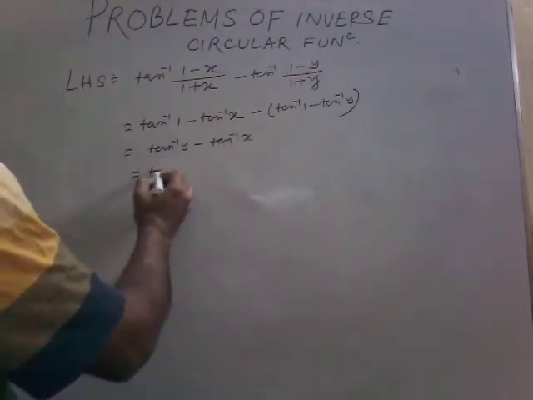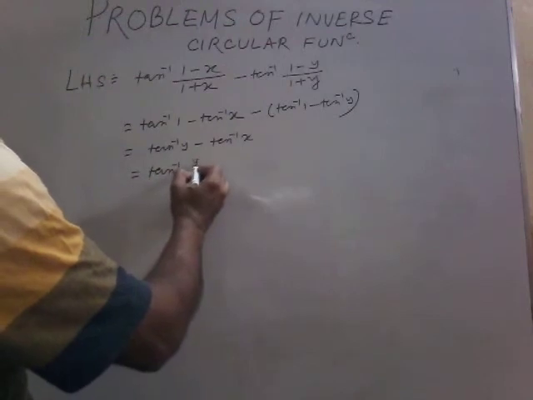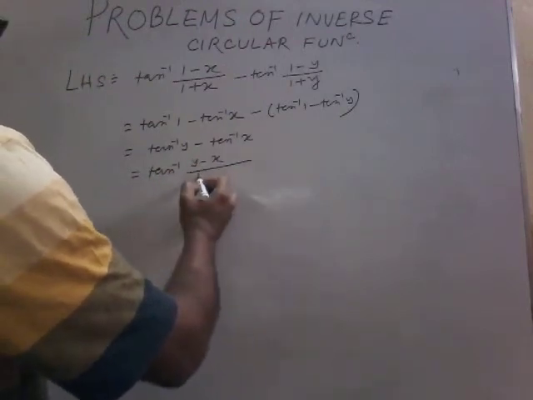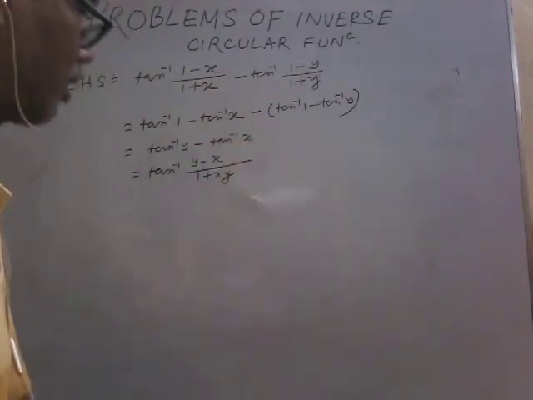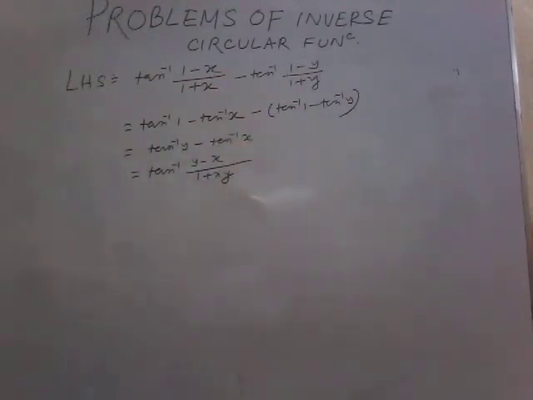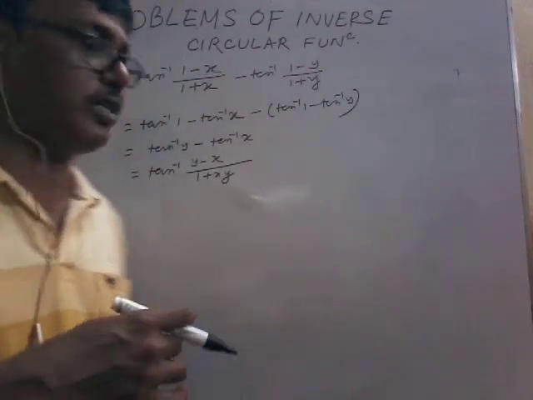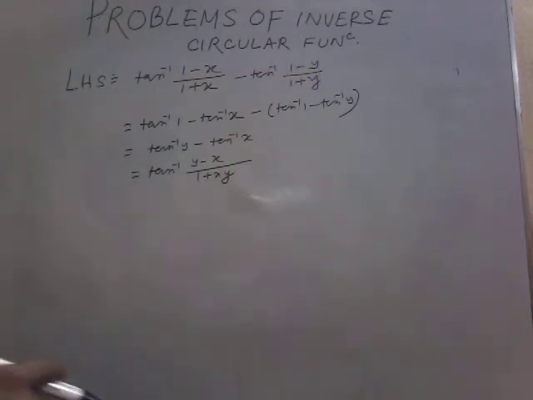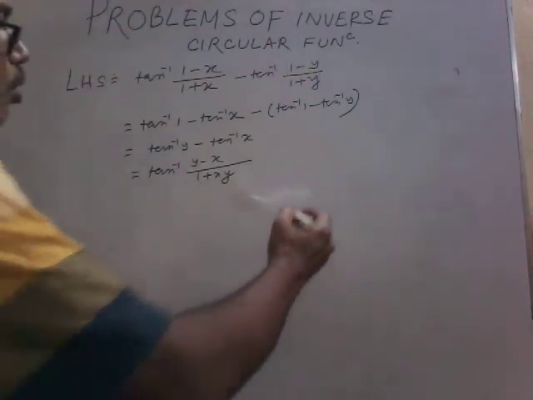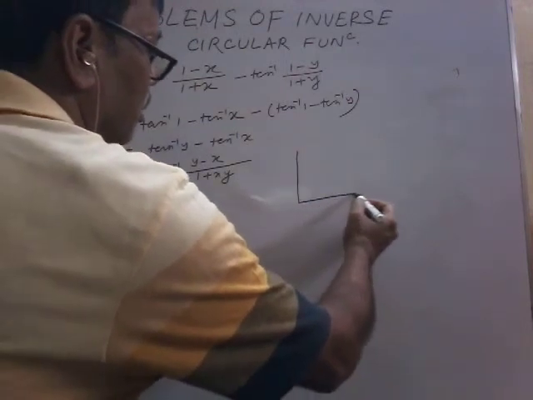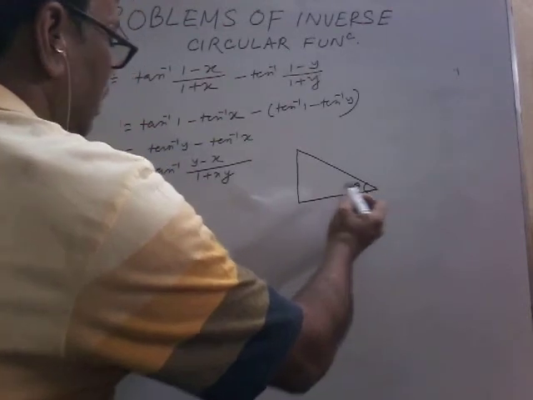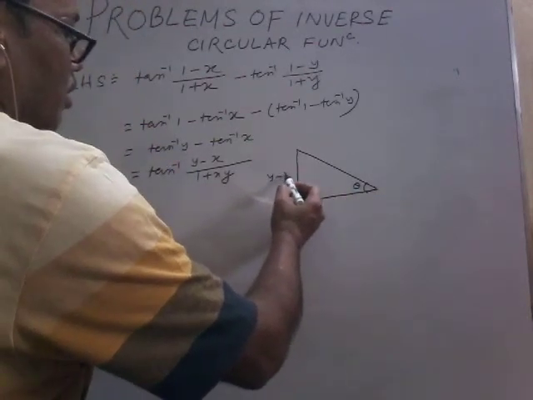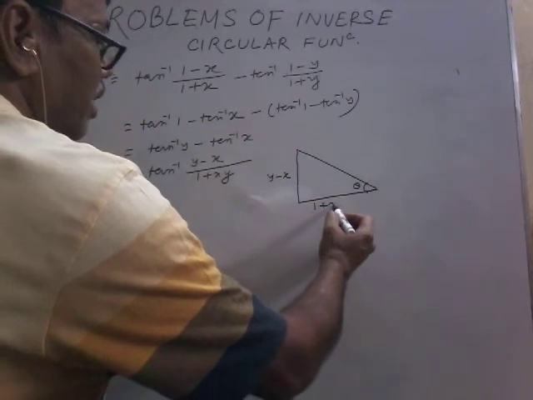Now use the formula. So (y minus x) by (1 plus xy). This is in terms of tan inverse. Now the final result is in terms of sine inverse. You know how to convert an inverse circular function into another. So if we consider this as theta, this is the perpendicular and this is the base.